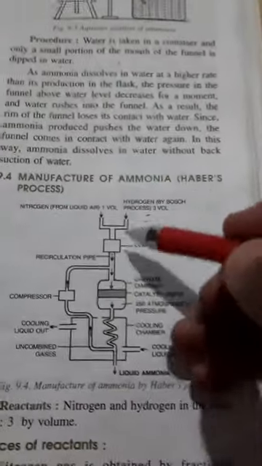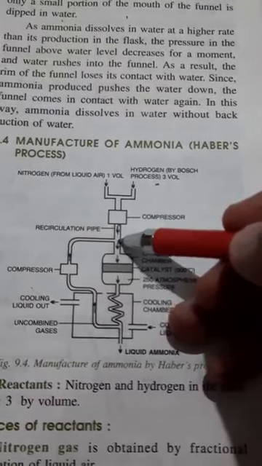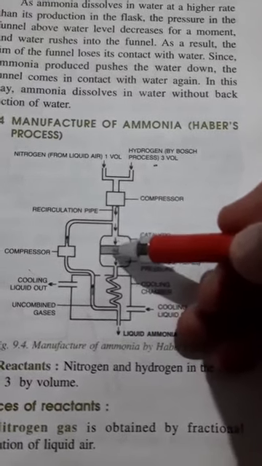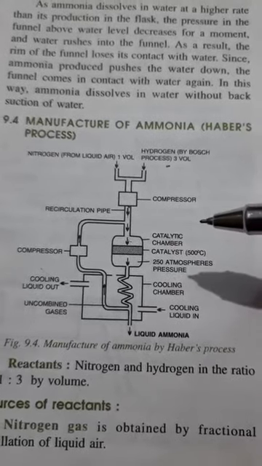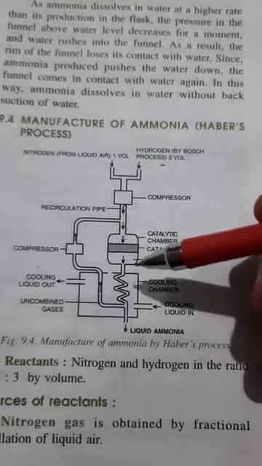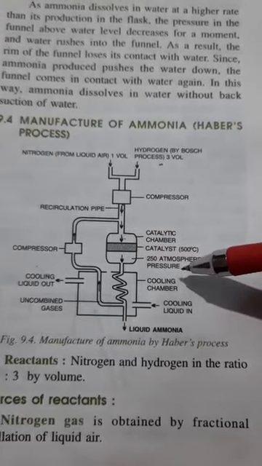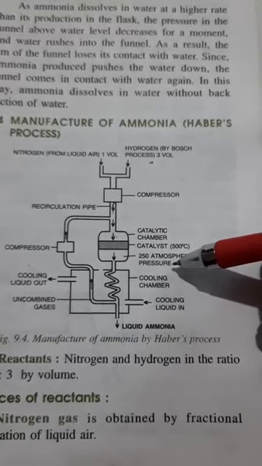So both the gases are coming compressed. Now they come to a chamber where finely divided iron catalyst is there. In this catalytic chamber pressure is still maintained at 250, see, written here.